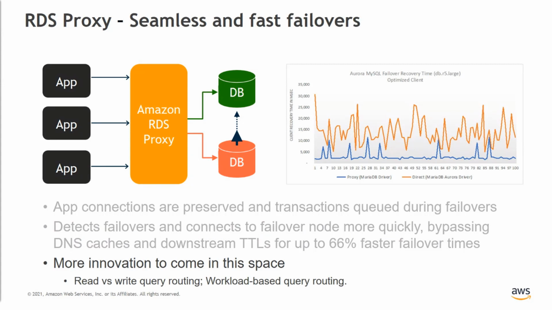And there's a lot of innovation happening in RDS Proxy. We're doing a lot of things to have single endpoints so that you can really just connect to the proxy and have the proxy split reads versus writes to the primary versus the read nodes. We're also looking at a lot of workload-based query routing to be able to route resource-intensive analytic queries to different nodes.